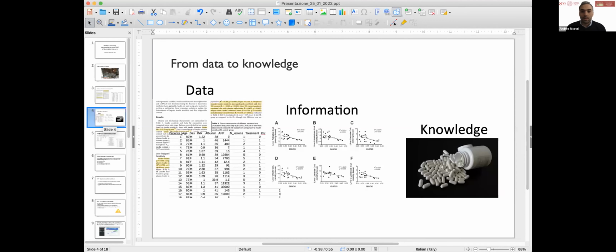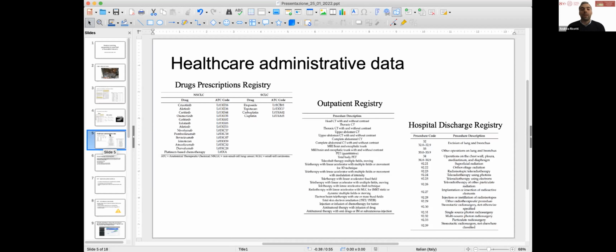Information. And the healthcare administrative data of the public service are, for example, the drug prescription registry, outpatient registry, or hospital discharge registry, that are structured data but are administrative, so they lack clinical information and outcome.